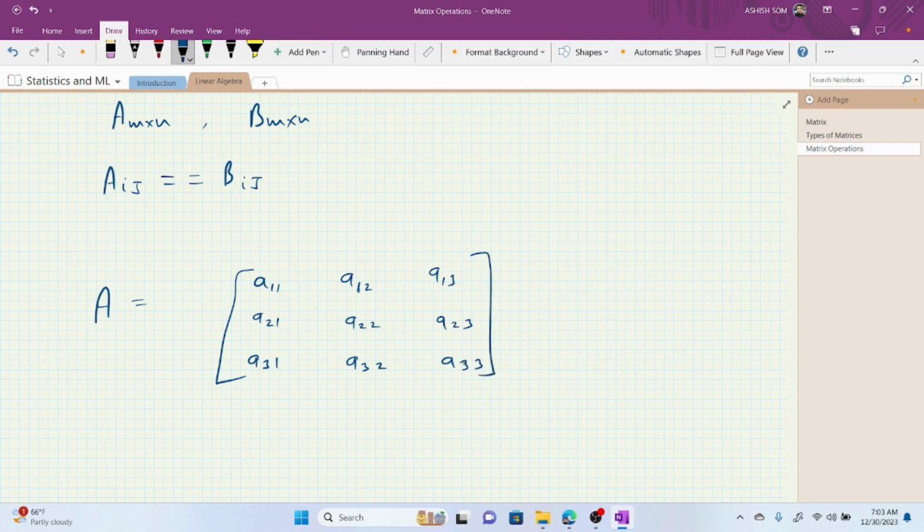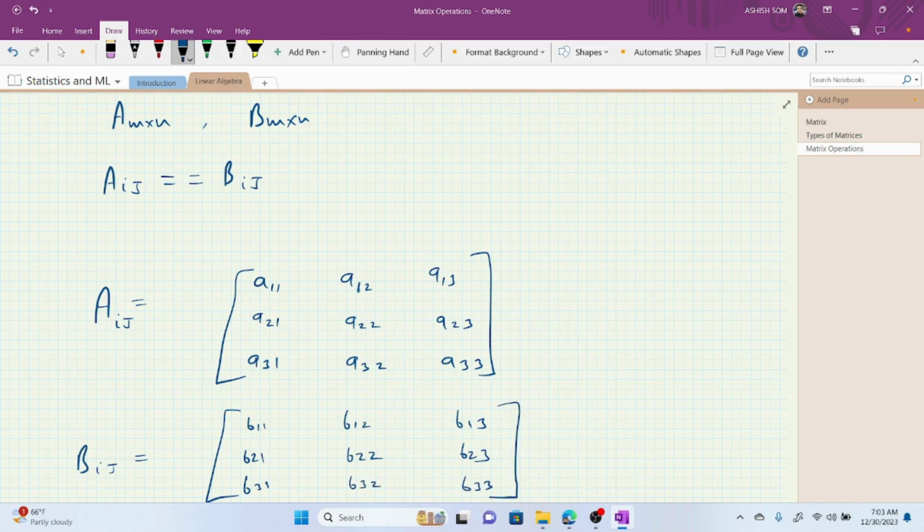This is the generic representation, so we call this Aij. Now the same if I have some matrix B, it will be like this: B11, B12, B13, B21, B22, B23, and B31, B32, and B33. So this is the generic representation.